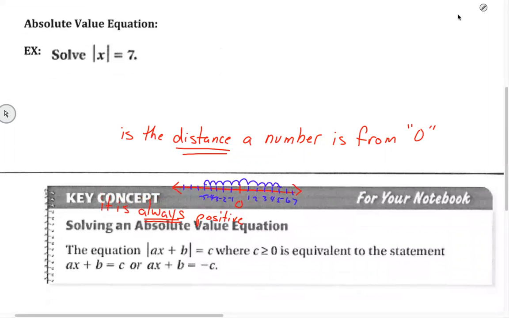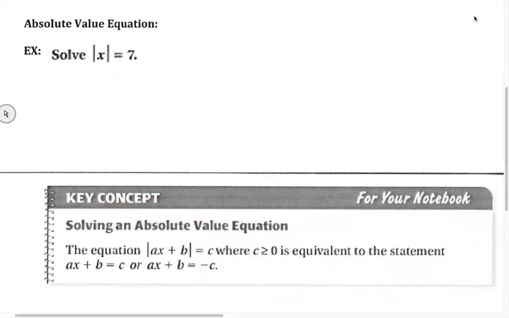So in order to find the absolute value of a number, we're talking about how far it is from 0. If I say the absolute value of x is 7, we could be at 7, a positive distance of 7 units, or I could have gone to the left 7 units, and I would be at -7. So there's typically 2 answers to absolute values.